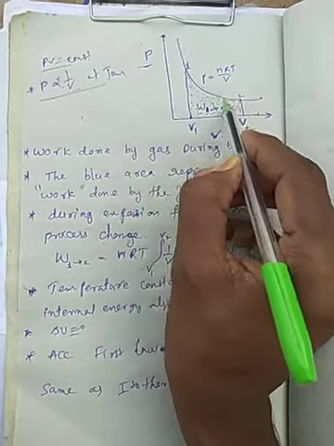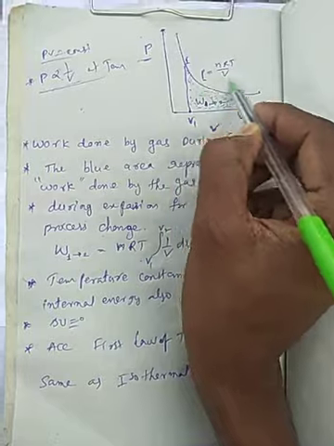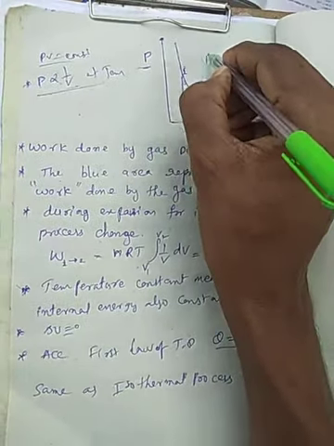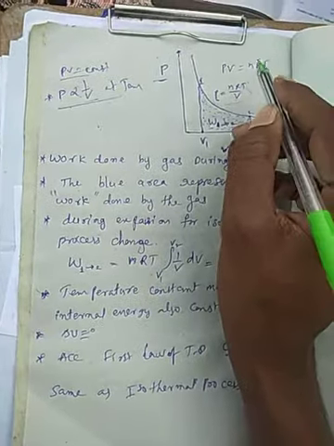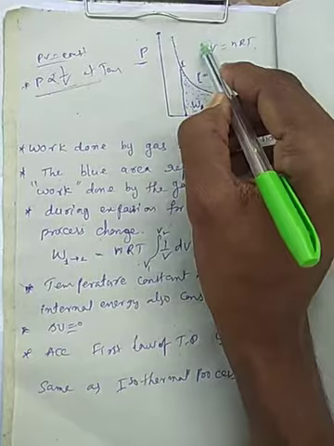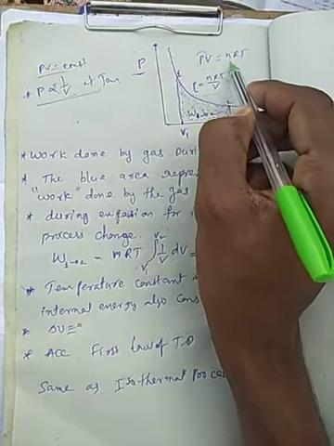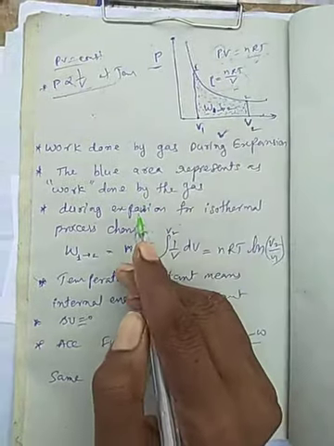Now this is the slope. We can write it as P is equal to nRT by V. We know that for an ideal gas PV is equal to nRT, and mathematically we need only P, so P becomes nRT by V. This is the equation.